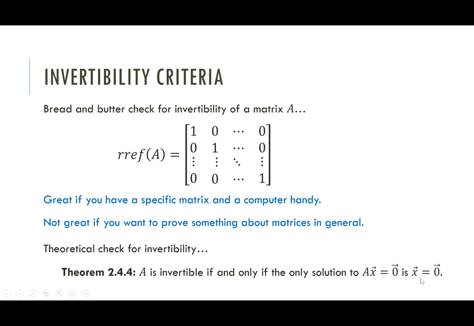But if x = 0 is the only solution, then our matrix is invertible. It's certainly true that if the matrix is invertible, x = 0 has to be the only thing sent there, because that's our theoretical definition.